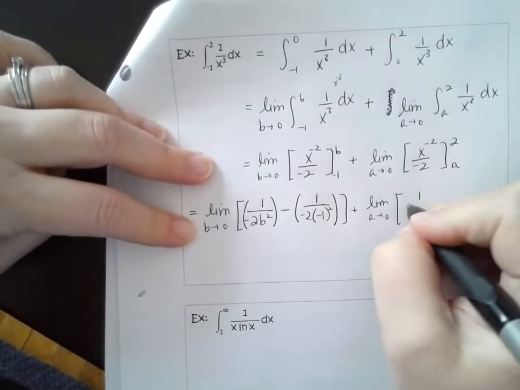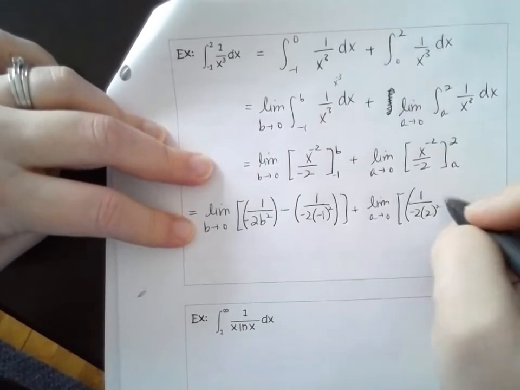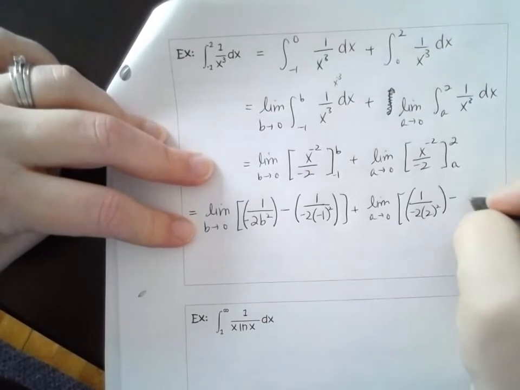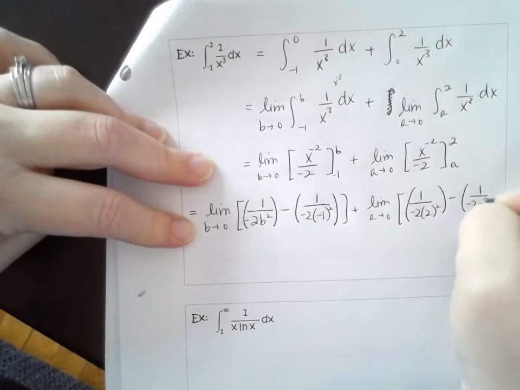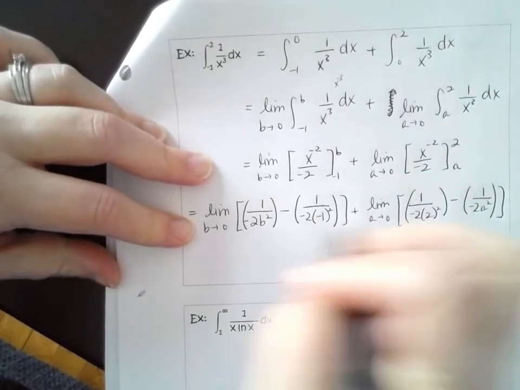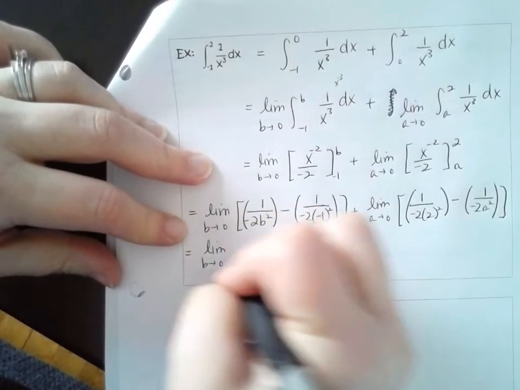This becomes 1 over -2 times 2 squared, and 1 over -2 times a squared. Evaluate what you can and leave alone what you can't.